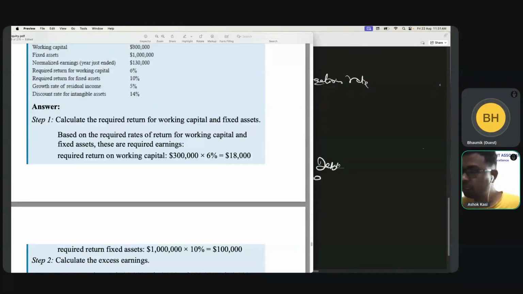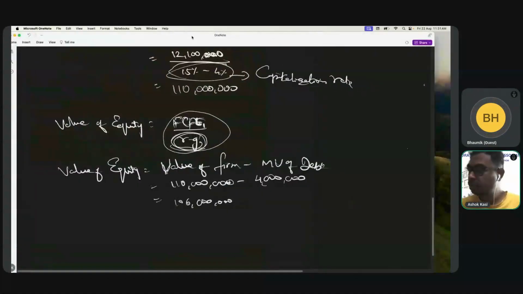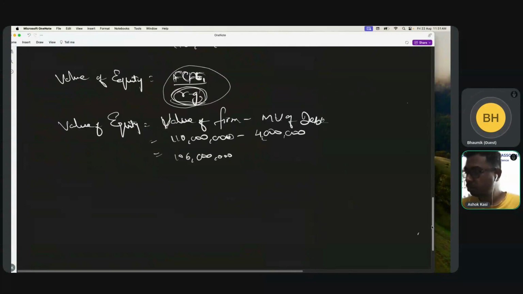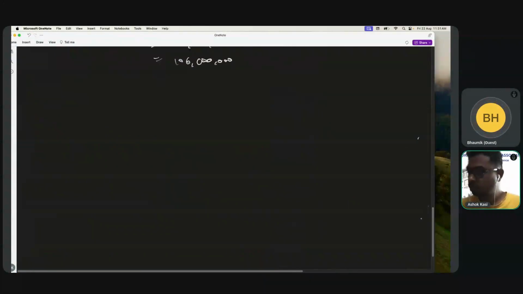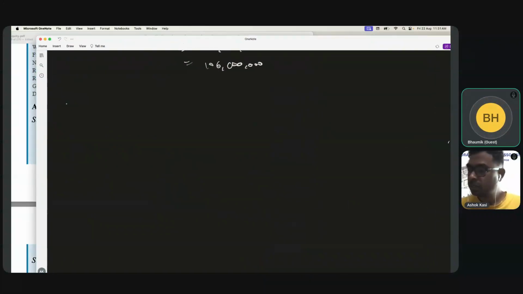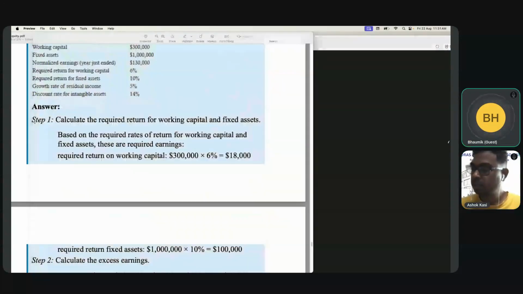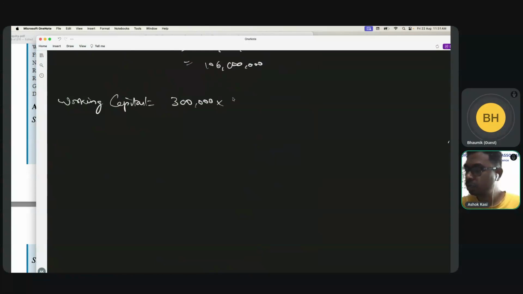First of all, working capital is 3 lakhs and the required return is 6%. So from the working capital perspective, 3 lakh you invested and it is supposed to give you 6%. Just calculate: 18,000.